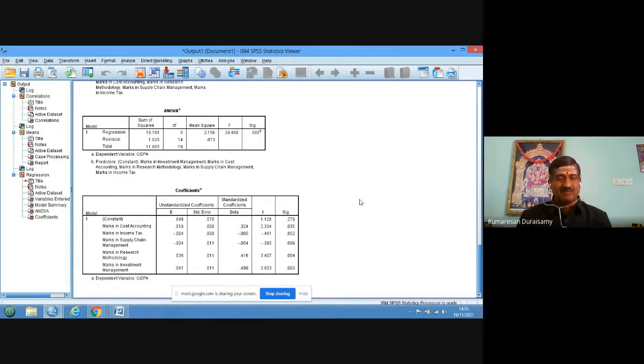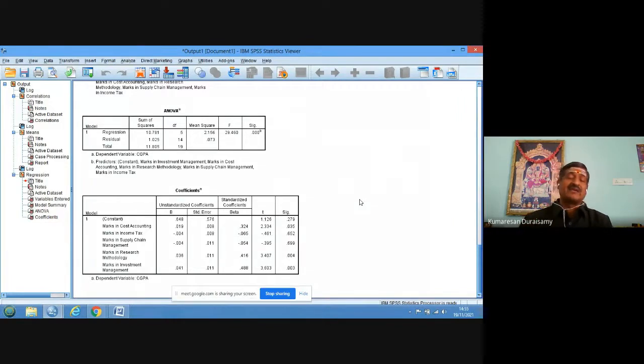So the equation will be y equal to a plus bx. A is constant. B is the coefficient of x. This is the case of simple regression, when only one dependent variable and only one independent variable are considered. But now, this is the case of multiple regression where we have used 5 independent variables.